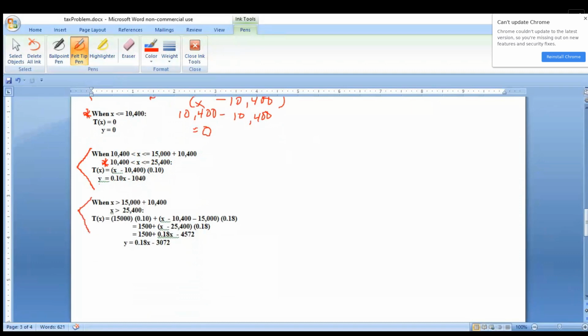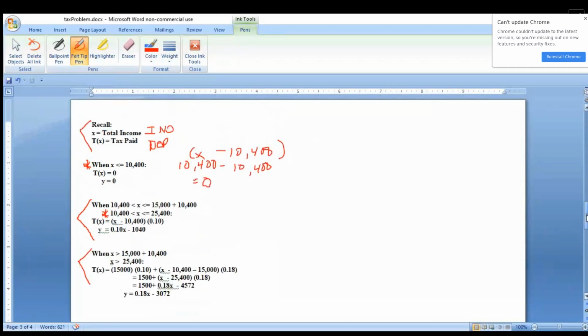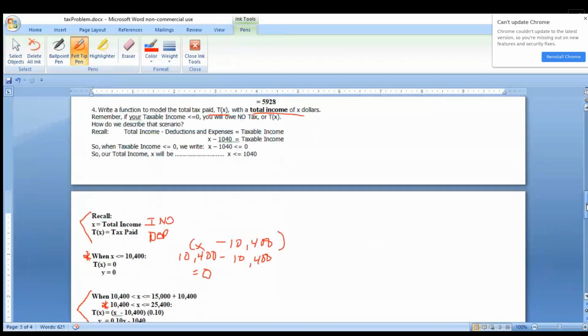And now the third scenario, when x is greater than this 15,000 plus 10.4. So when x is greater than 25.4, now we can use the whole equation that I had up there. Remember, I was only using half of it.